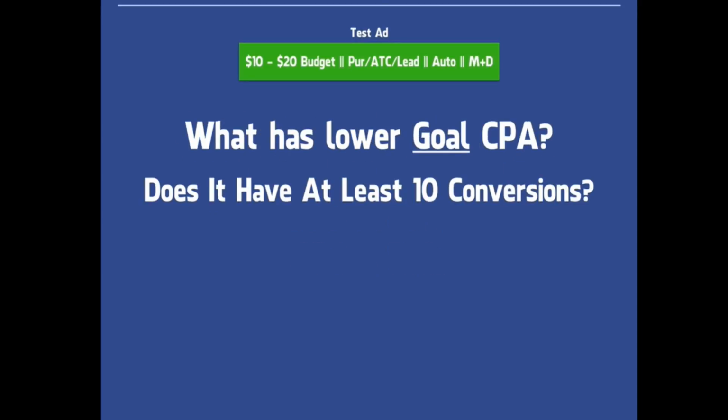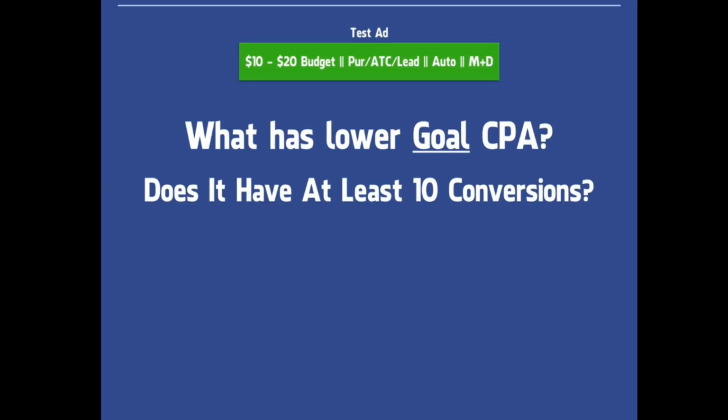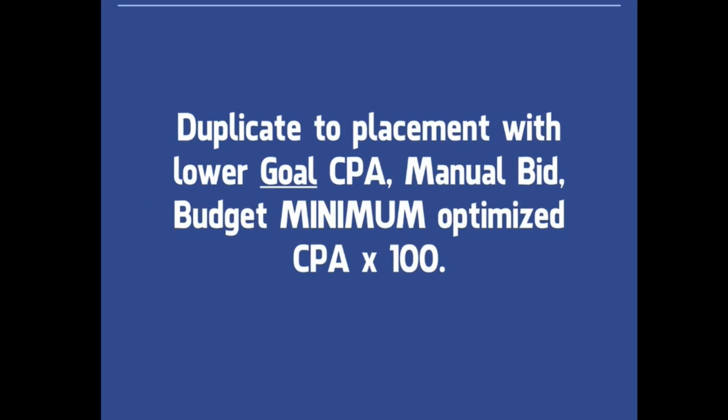So you look at the ad and ask, what's your cost per add to cart? If your cost per add to cart is $4, then the minimum budget will be $400 because that's times 100. If you're optimizing for purchases and you're paying $10 per purchase, the minimum budget will be $1,000 because 10 times 100 is 1,000.